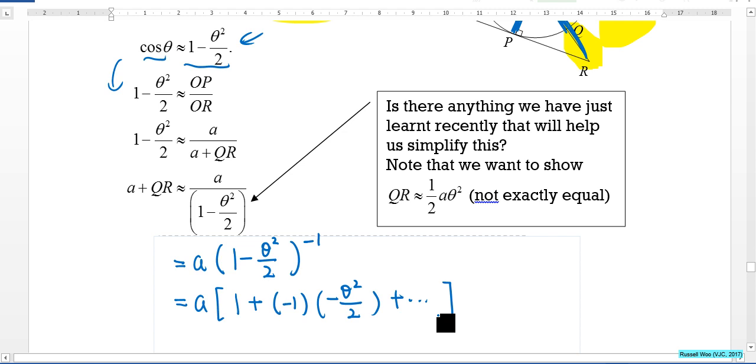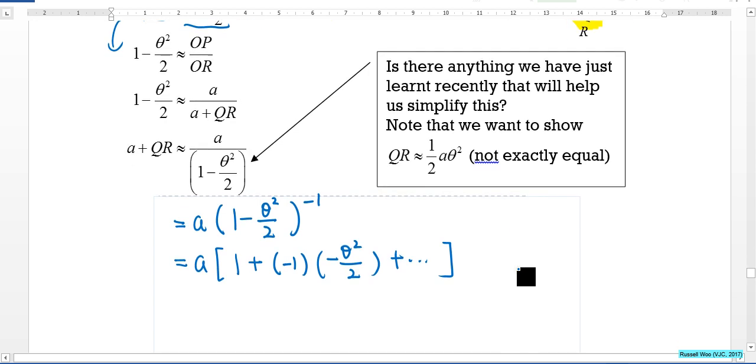You can stop here. All okay? I think the answer is out. This will just be equal to A times 1 plus theta squared over 2 plus dot dot dot.